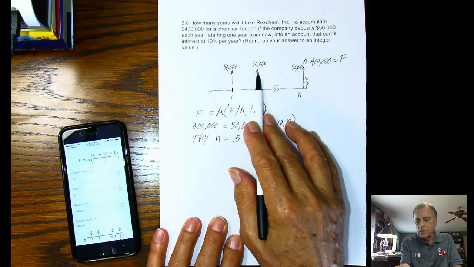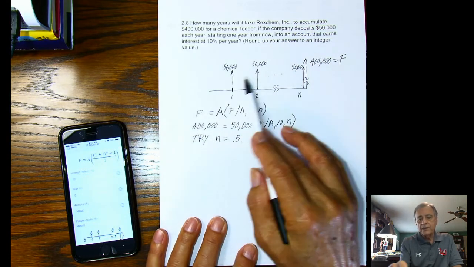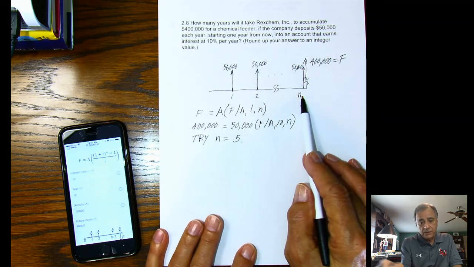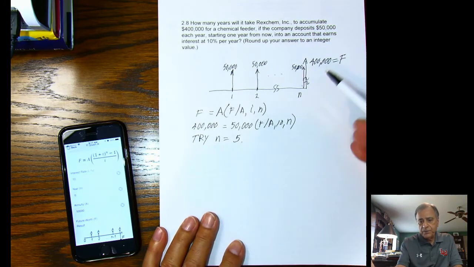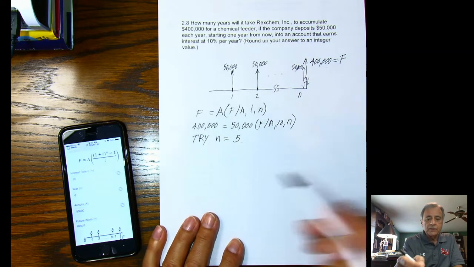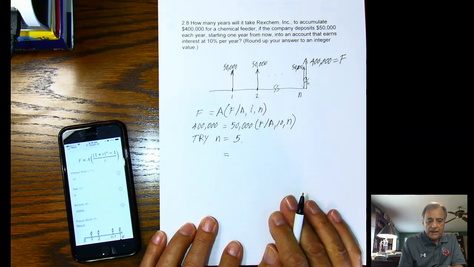When you make 5 years of payments, these are going to grow. They're going to get bigger and bigger. So as we go forward to some number of years, just trying 5, they may add up to 400,000. We'll see. Let's look at just the right-hand side when n equals 5.